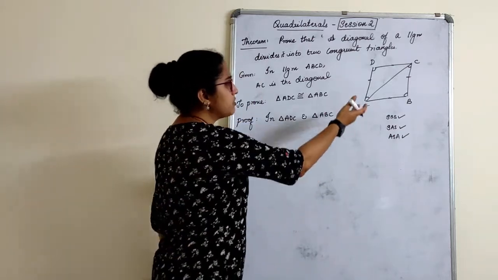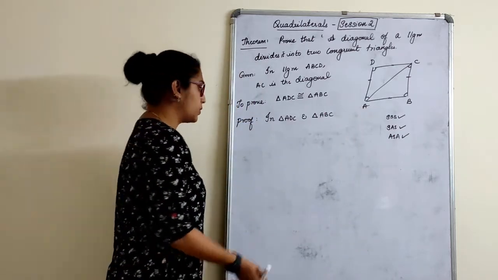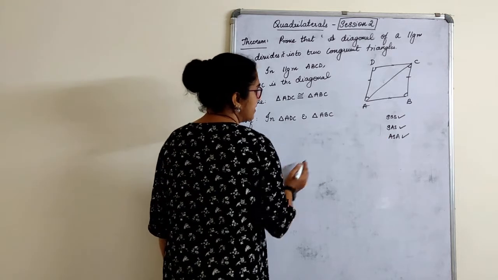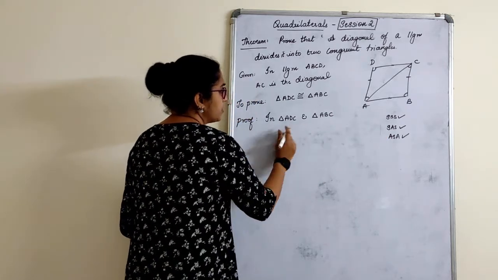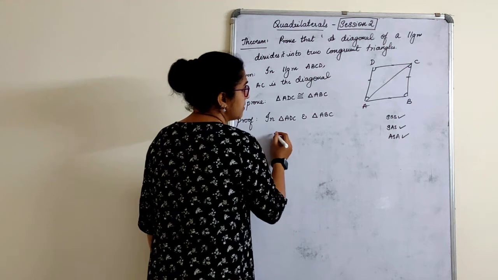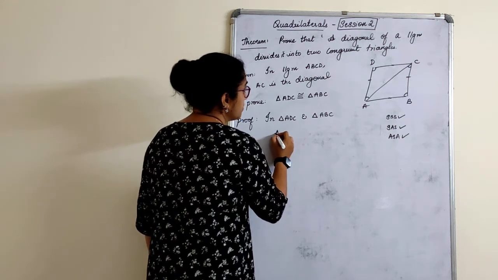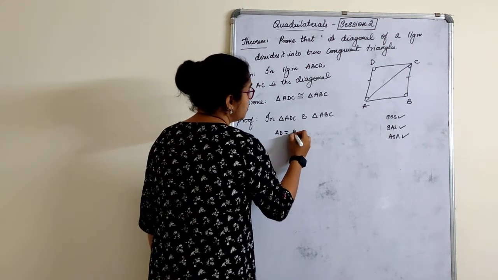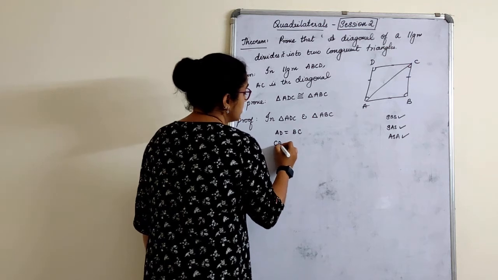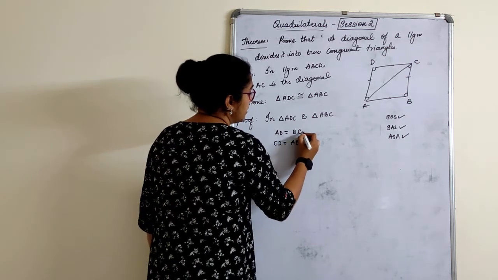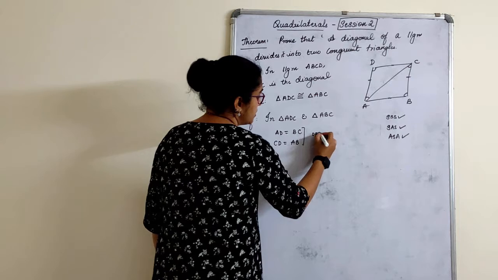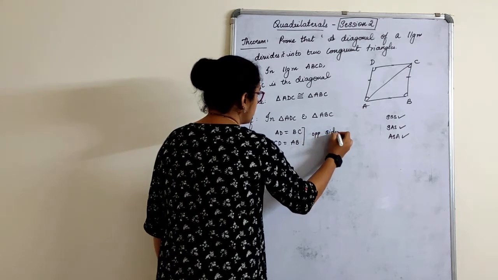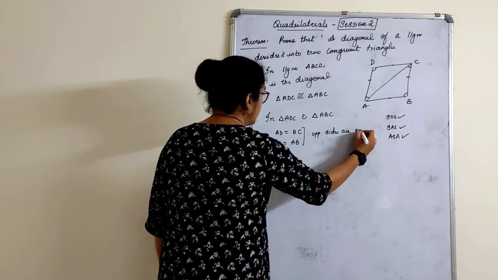What we will do, we'll choose the first one, SSS. You can also go with SAS. So in triangle ADC and ABC, first of all I will say AD is equal to BC, CD is equal to AB, opposite sides are equal.